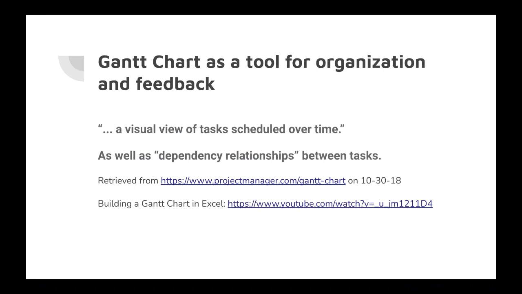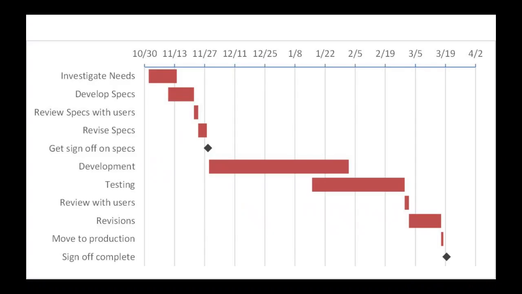So Gantt charts are a visual view of tasks, as you can see here on the slide, and very much expose dependency relationships. That means I need to do task A before I can start task B. And you can see here a typical Gantt chart where an engineer, let's say, investigates the needs of the customer, develops specifications, reviews those specifications with the user, revises the specs, gets a signature, and then starts developing the product.